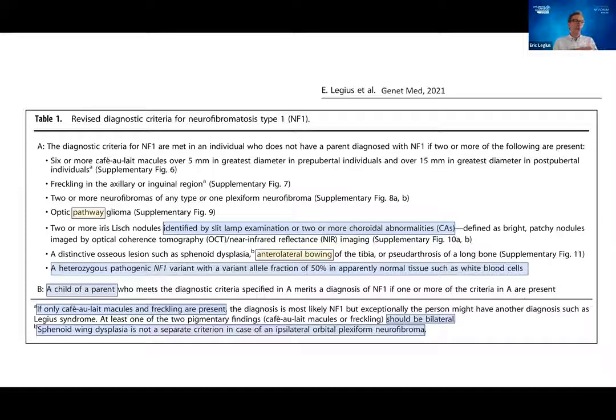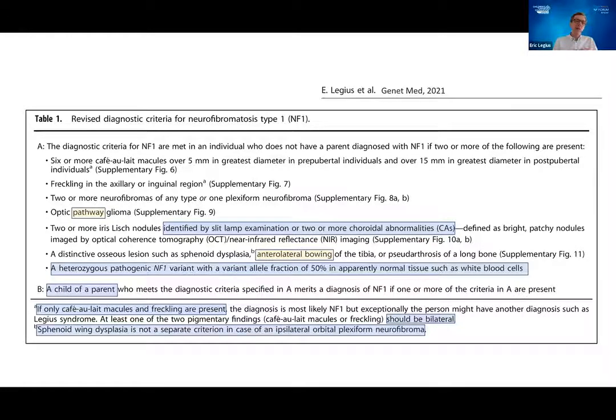But in some cases, the NF1 mutation originates after fertilization and is only present in part of the body, and this can present as a segmental presentation, on one side of the body or one segment of the body, and not necessarily affecting the whole body. And so we really wanted to attract attention to that as a separate entity.